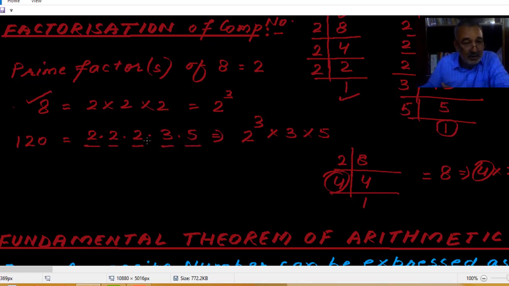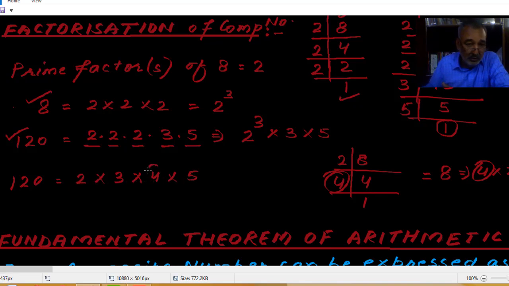If I am taking 6 here, 10, there are so many factors of 120. I can factorize 120 as 2 multiplied by 3 multiplied by 4 multiplied by 5. Is this a product of primes?